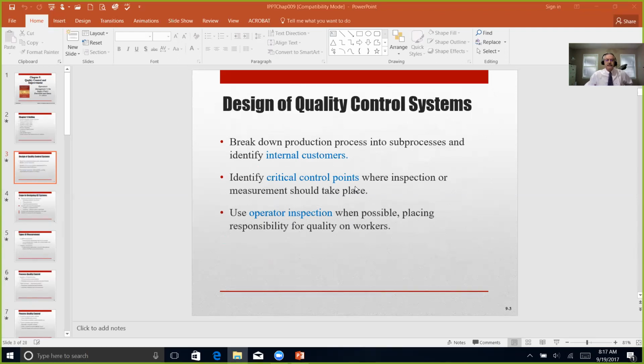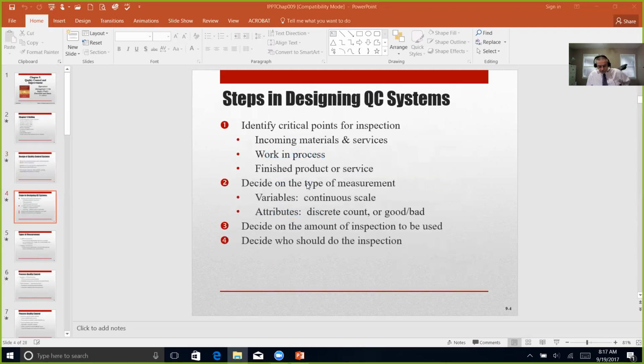So this whole process is really about designing a quality control system to identify the critical points at each step in the process where inspection and testing can and should begin. Here are some of the critical points: incoming materials, the working process, and the finished product or services, deciding what type of measurements we need and how much inspection is going to be used.